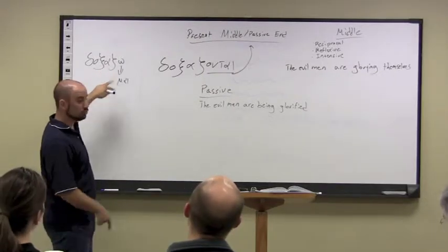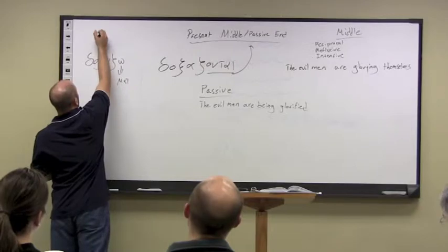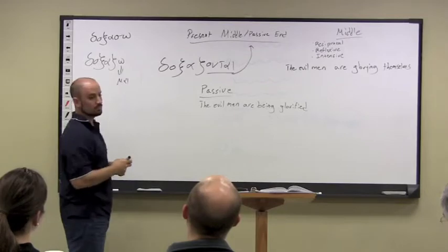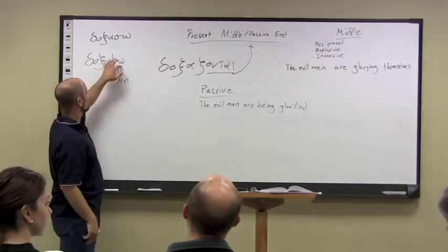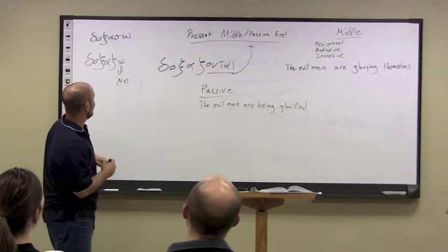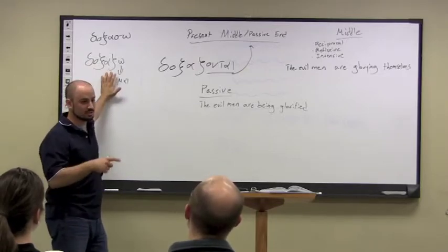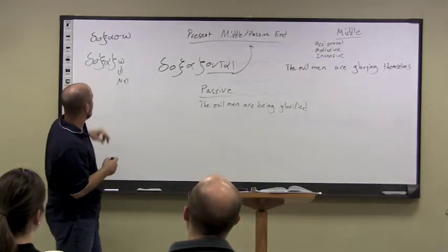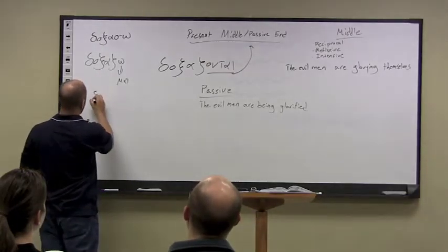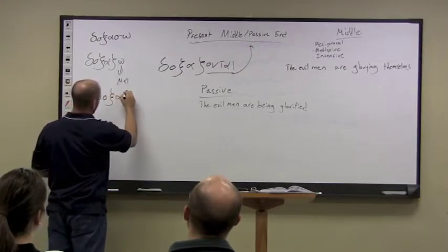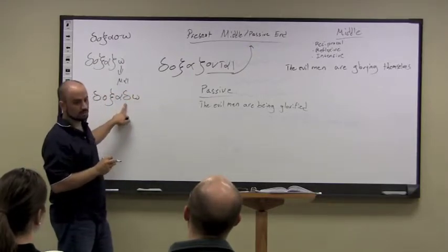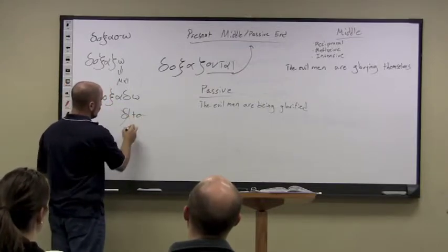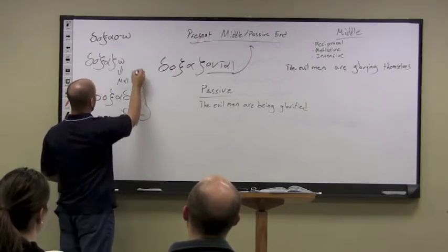So if this were future, it'd have to be... so this is a little more difficult because it's sort of the reverse of amalgamation. Our true root is doxad, the delta. When the delta combines with the sigma, the delta drops out and the sigma retains. Okay.